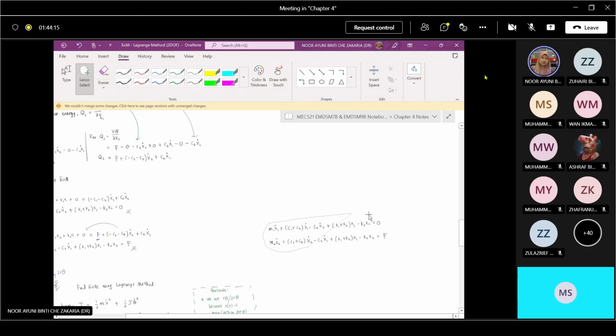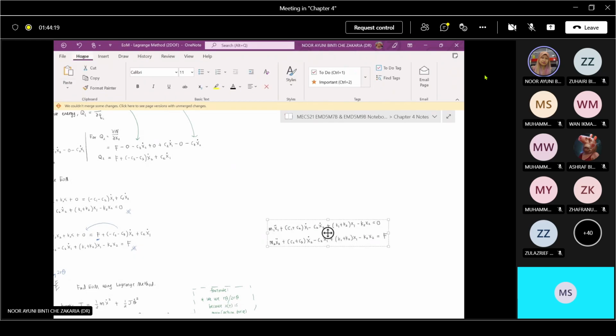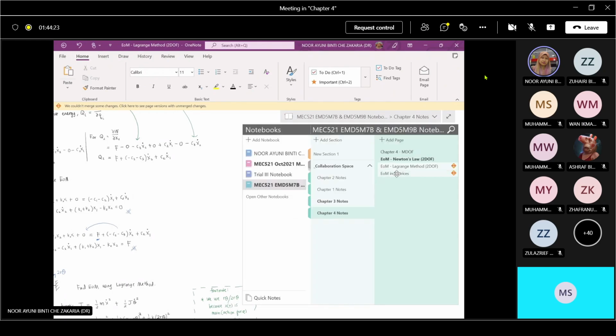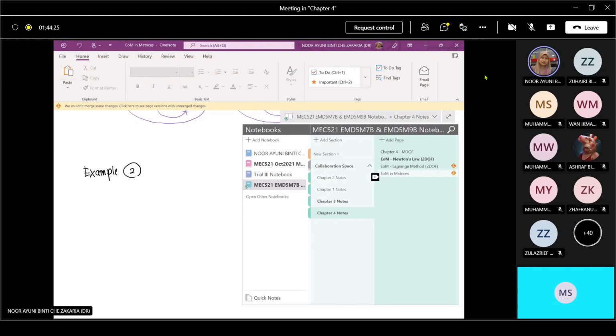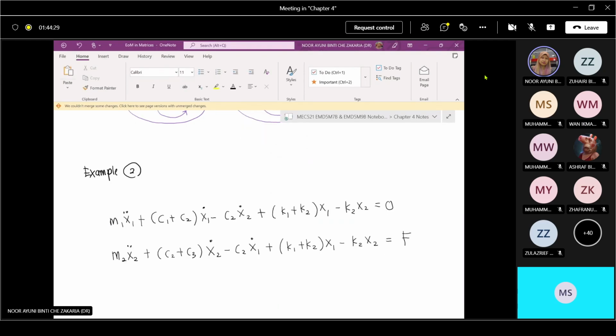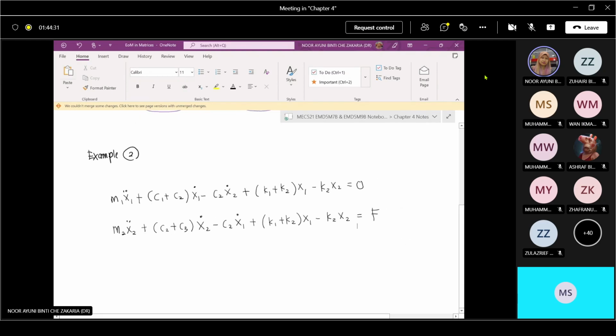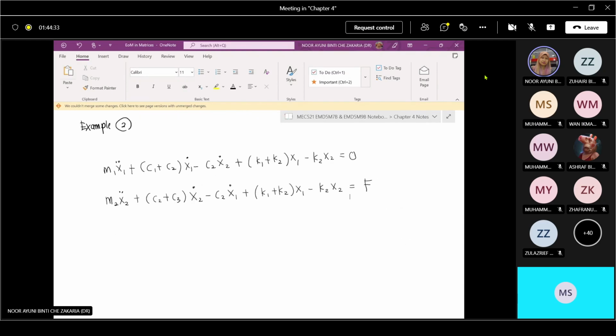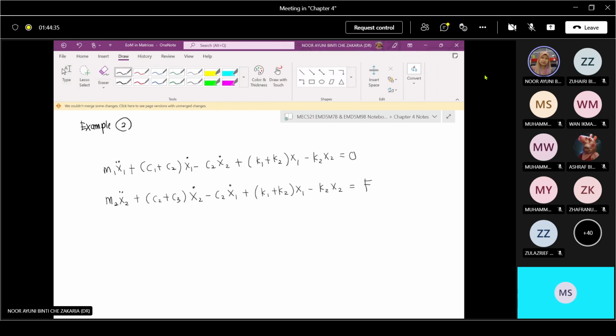Let me get this. Okay. So our matrices will have the following elements.